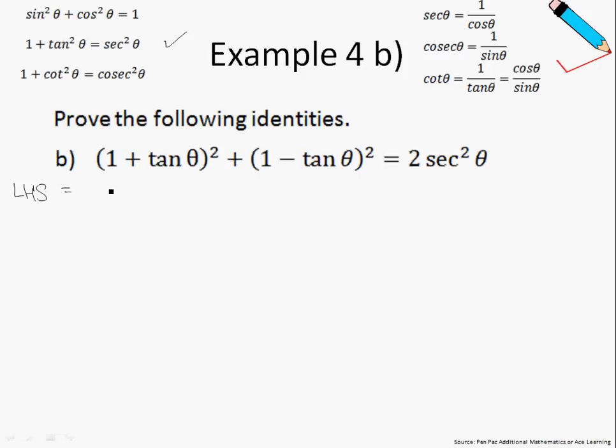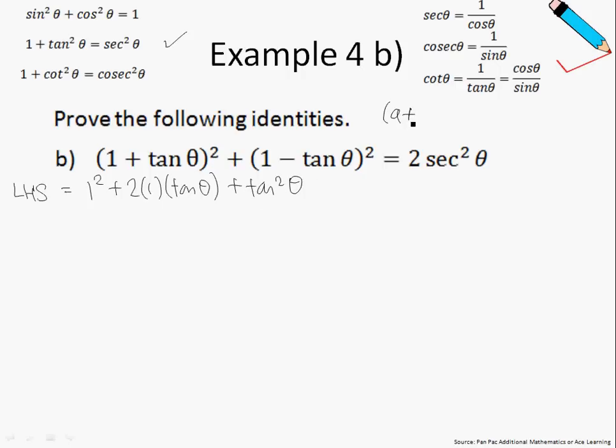For the left hand side of the equation, I will expand it out. So (1 plus tangent theta) squared is just 1 squared plus 2 times 1 times tangent theta, plus tangent theta squared.